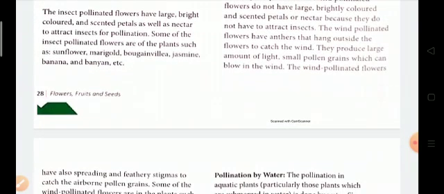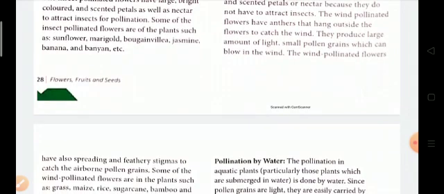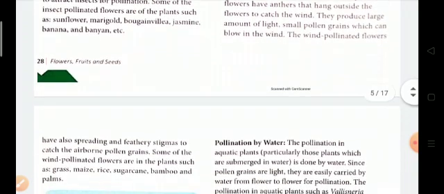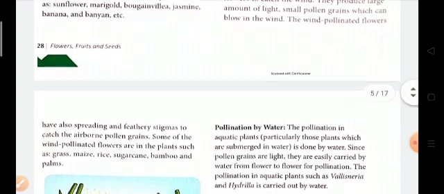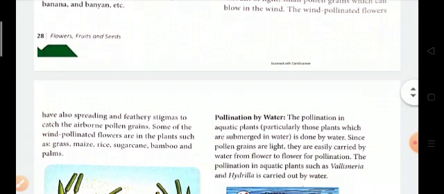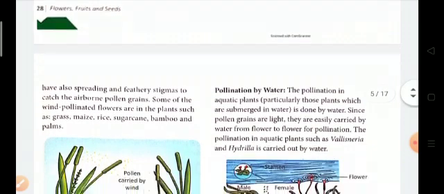The wind pollinated flowers have anthers that hang outside the flower to catch the wind. They produce large amounts of light, small pollen grains which can blow in the wind. The wind pollinated flowers also have spreading and feathery stigmas to catch the airborne pollen grains.